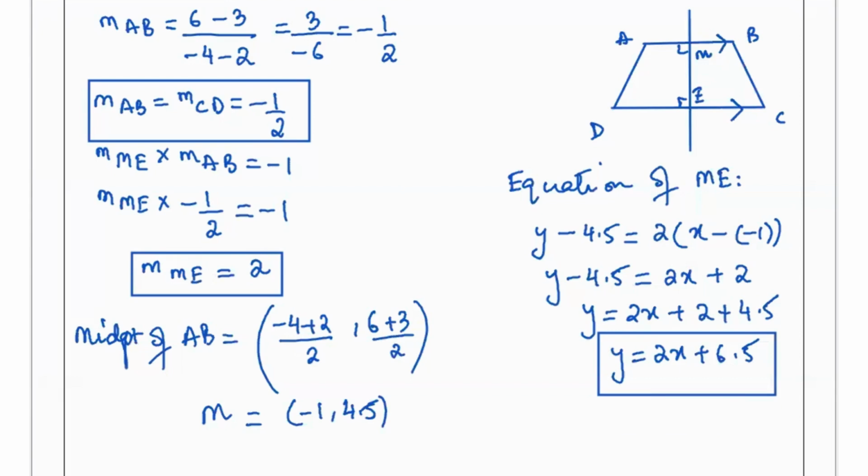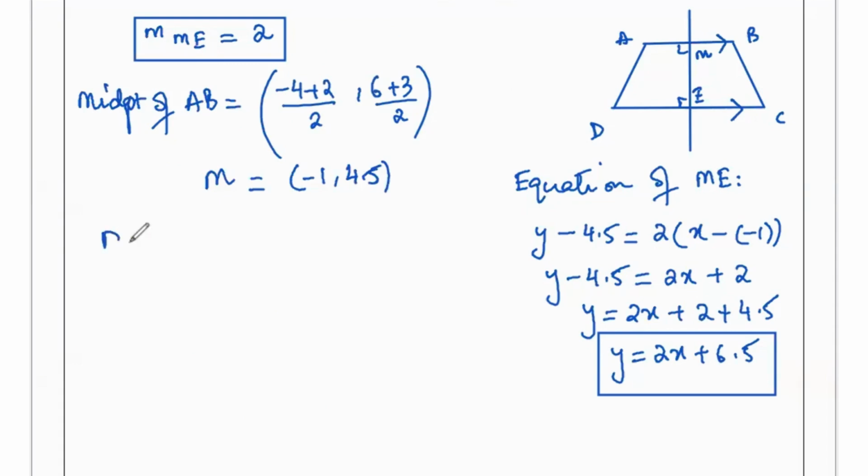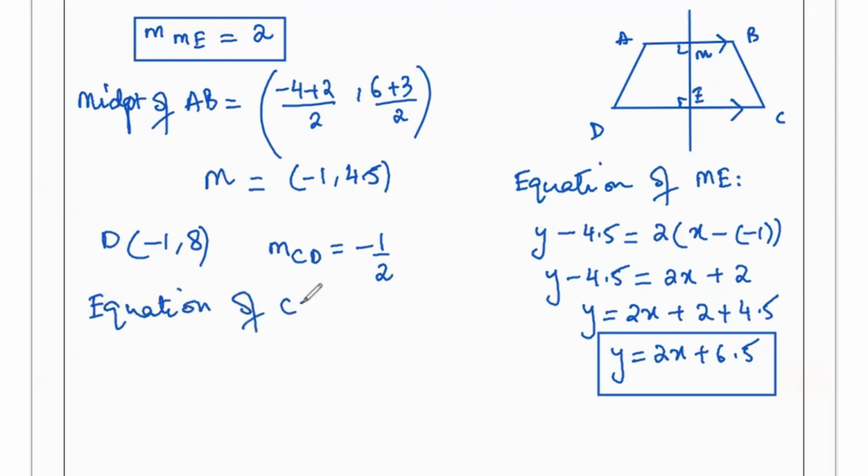Now we need to find the equation of the line DC. Point D has the coordinates of negative 1 and 8. The gradient of the line CD was negative 1 over 2. So for the equation of CD, we do y minus 8 equals negative 1 over 2 times x minus negative 1.